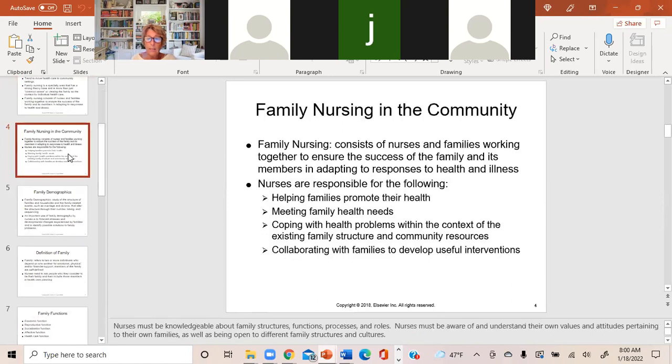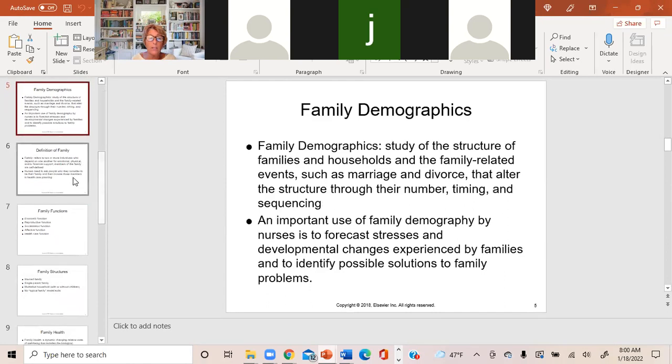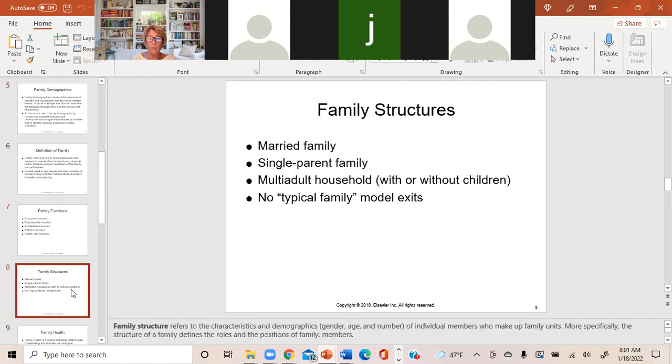And Chapter 18 goes through family nursing in the community. What's the definition of a family? Okay, what family functions are there? What are the functions within a family? Economic, reproductive, socialization, affective, healthcare. Okay, you may get asked a question, select all that apply that are family functions.